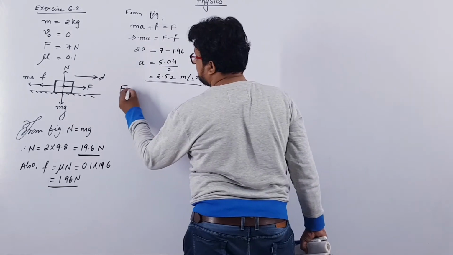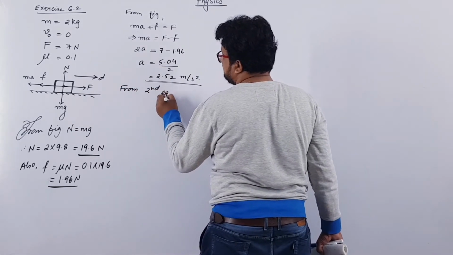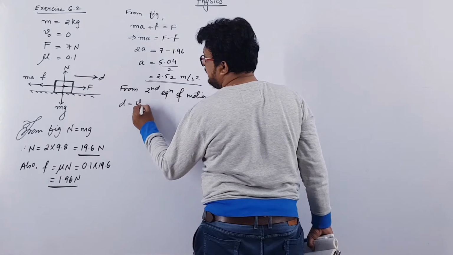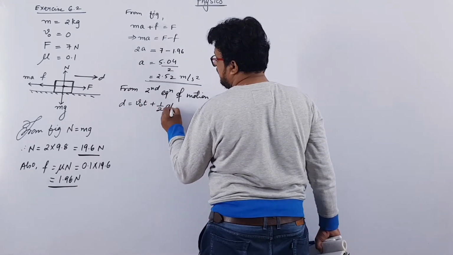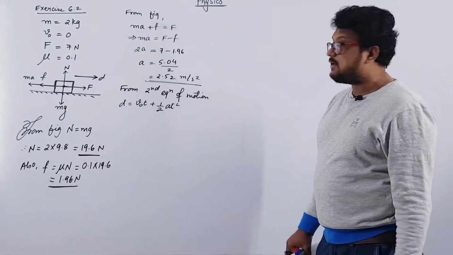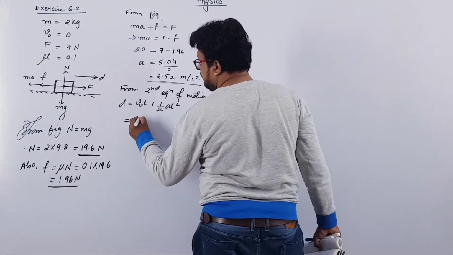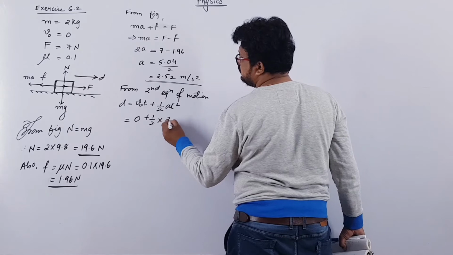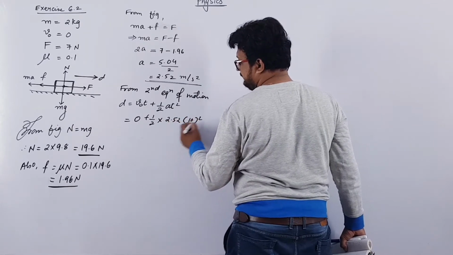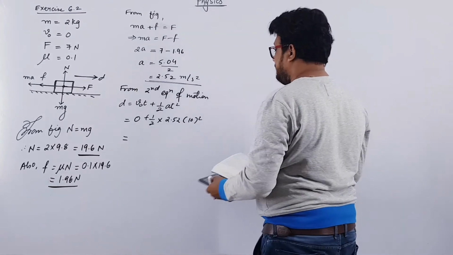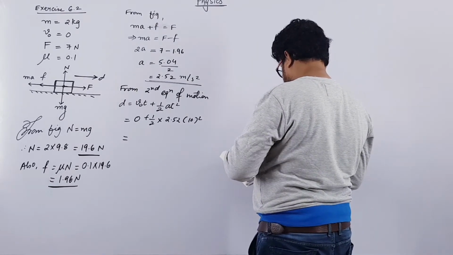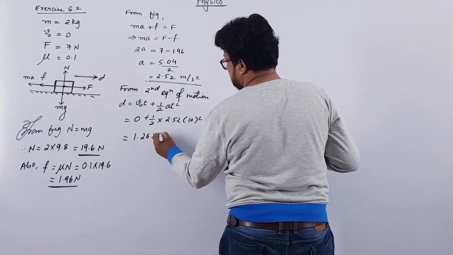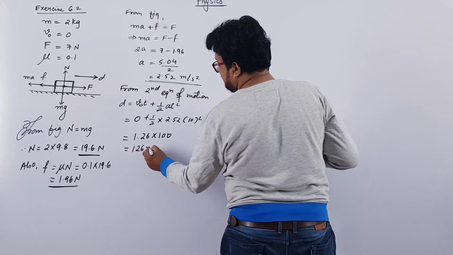So from the second equation of motion, d will be equal to v naught t plus half a t square. Here v naught is 0, because the body starts from rest, plus half into a, which is 2.52, into 10 square. 2.52 divided by 2 will give 1.26. 1.26 into 10 square, which is 100, so that is 126 meter.